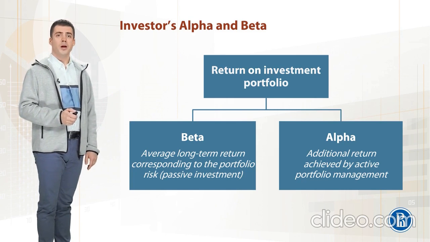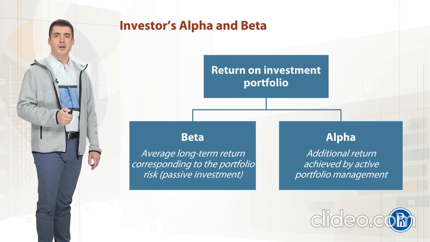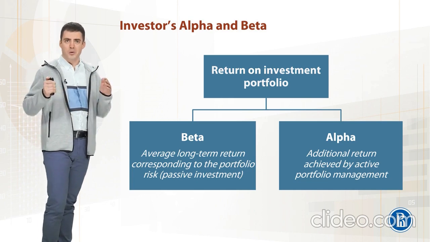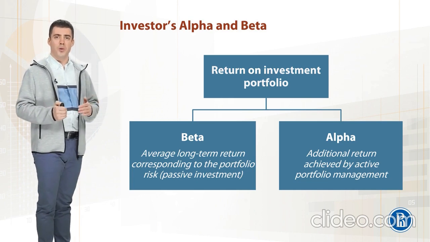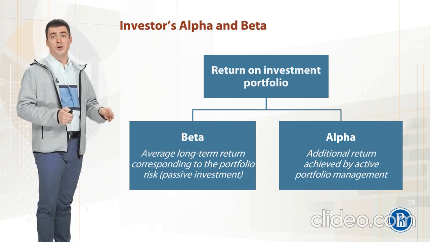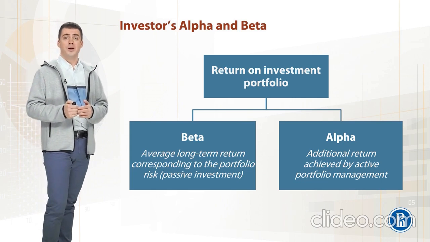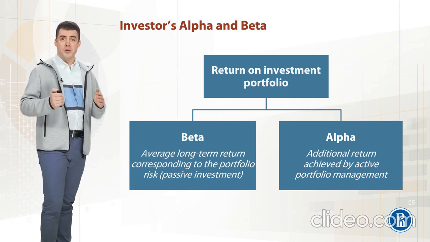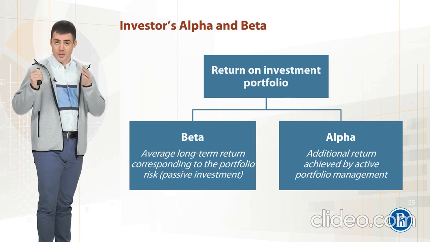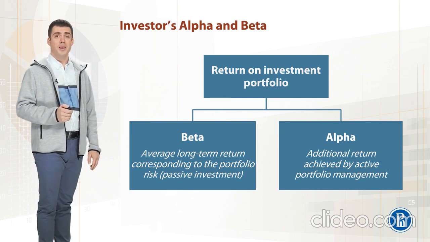However, you can get engaged in active portfolio management by buying and selling the stocks which tend to be relatively under or overpriced compared to that forecasted by the market, just the way I showed you in the previous slides. The return that you may achieve by such active portfolio strategies is called alpha.